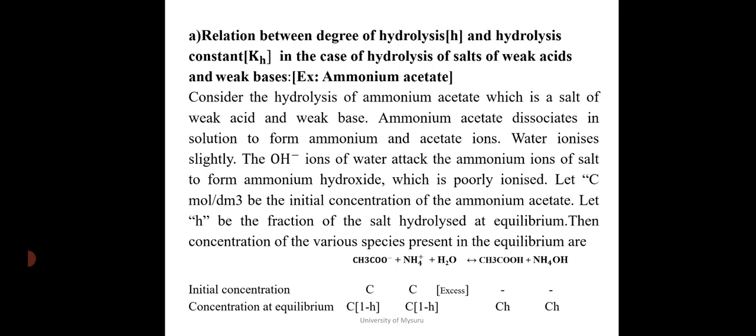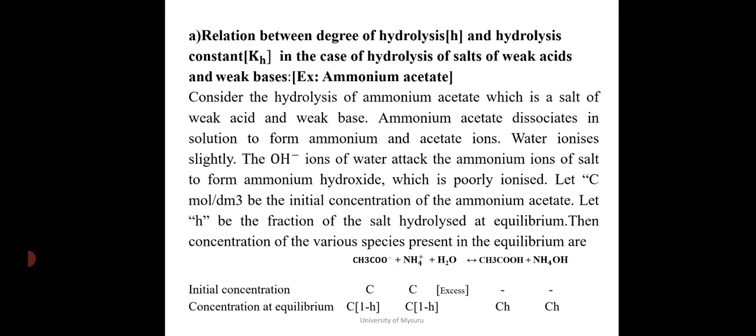Let h be the fraction of the salt hydrolyzed at equilibrium. Then the concentrations of the various species present in the equilibrium are: acetate ion and ammonium ion undergo hydrolysis to give acetic acid and ammonium hydroxide.